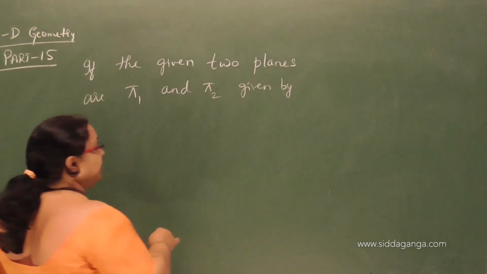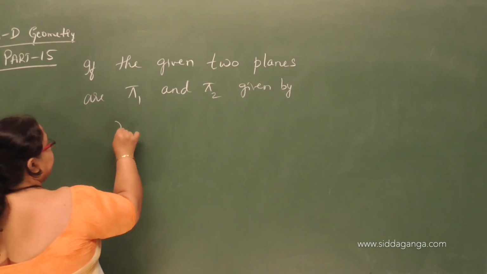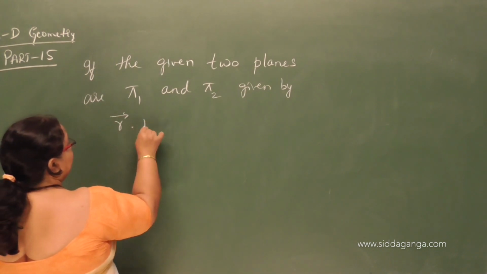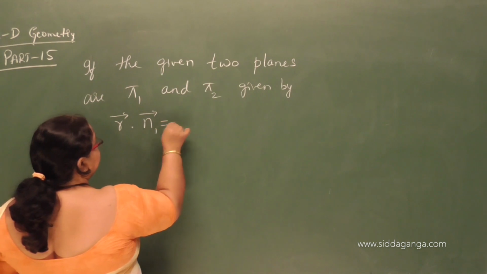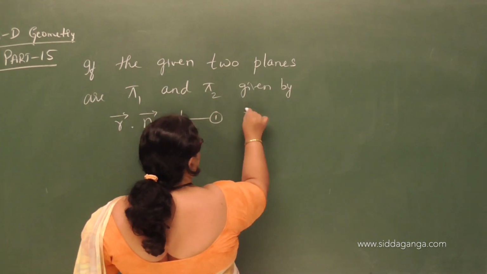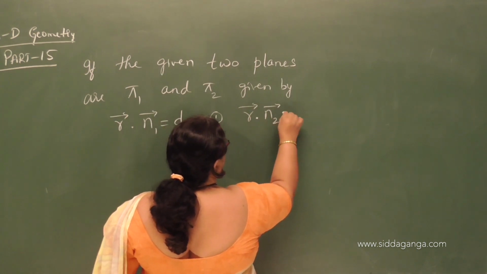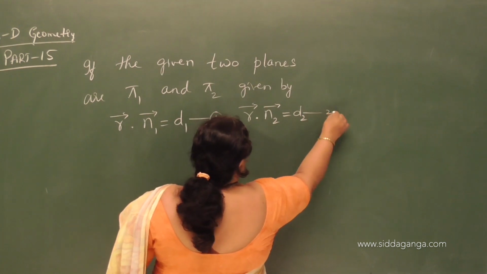You take according to theorem 1: vector r dot vector n1 equal to d1, and the second one is vector r dot vector n2 equal to d2.